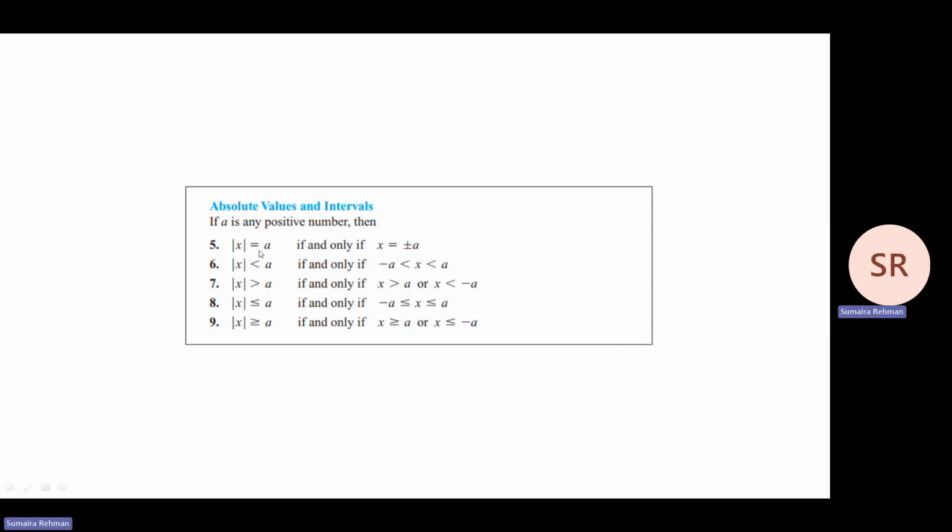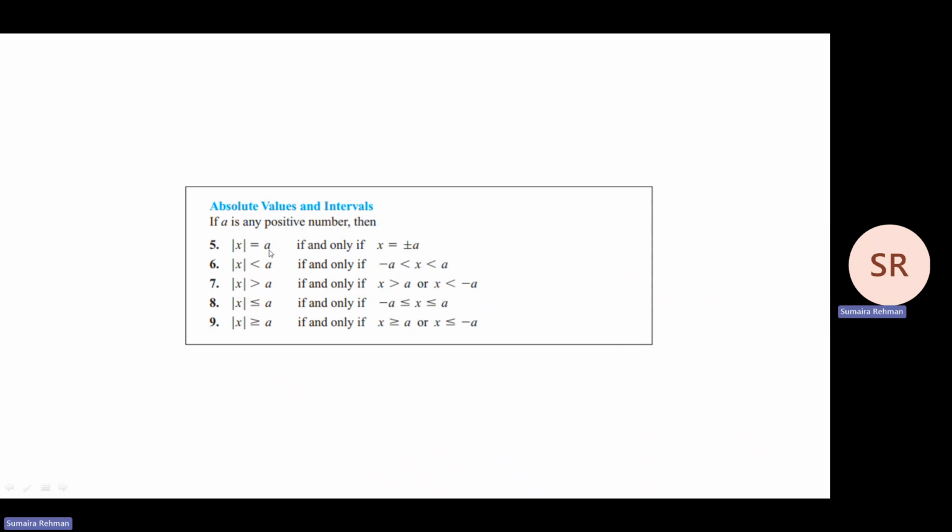If you find such a problem where the absolute value of x is equal to some number a, what is a here? Here a is any positive number actually. So you need to solve that by using these properties.